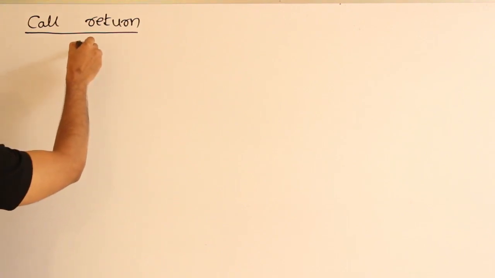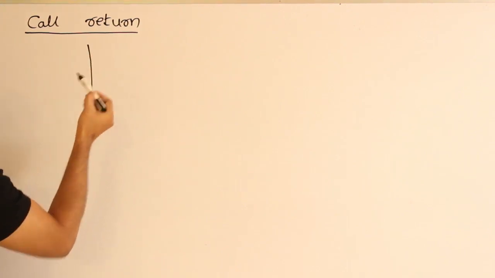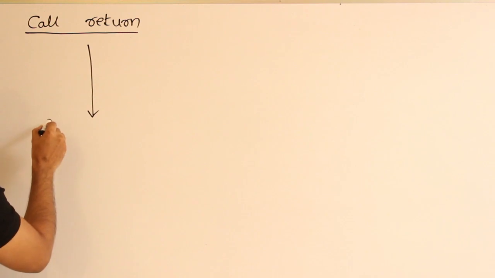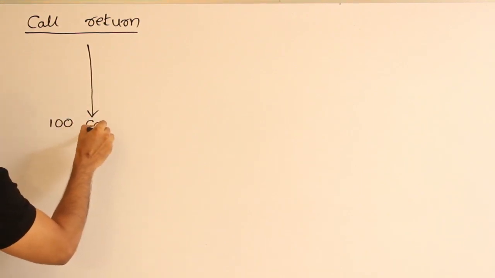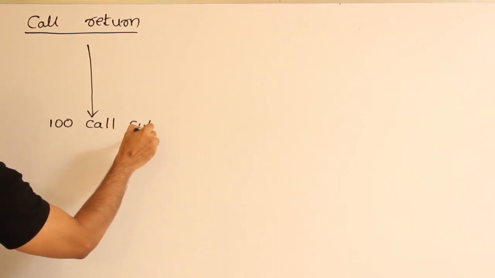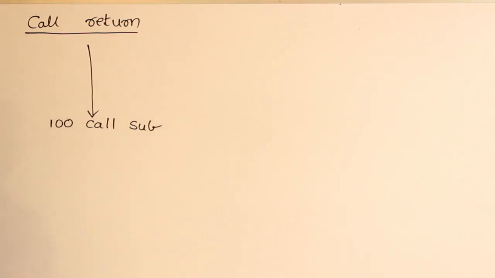Assume that your program is going in a sequential flow and suddenly there is an instruction at address 100, and the instruction is call some subroutine, okay, calling some subroutine.